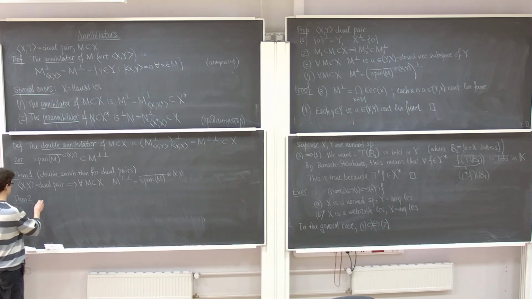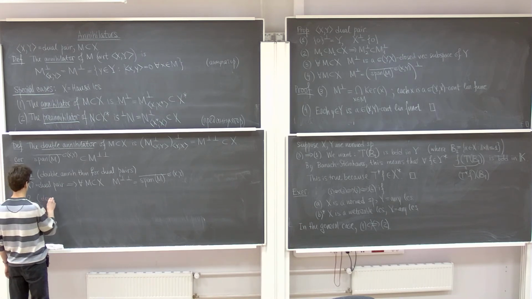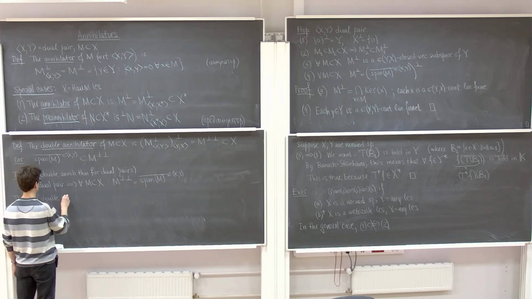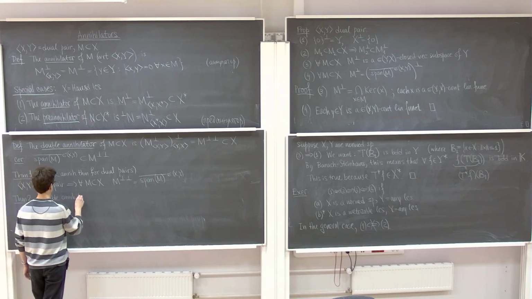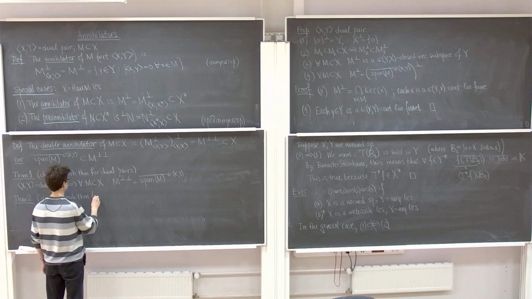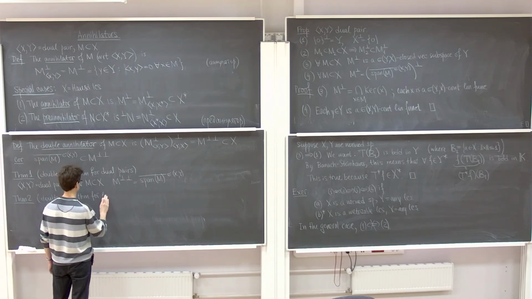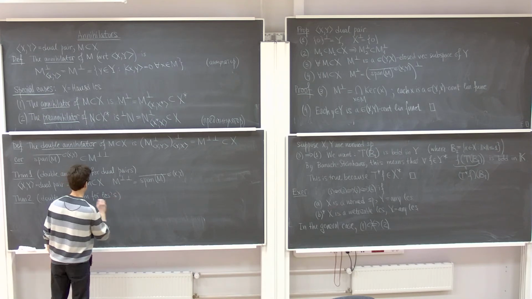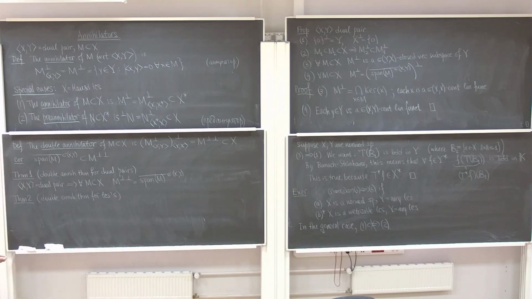Theorem 2, this is the double annihilator theorem for locally convex spaces. Suppose that X is a Hausdorff locally convex space.